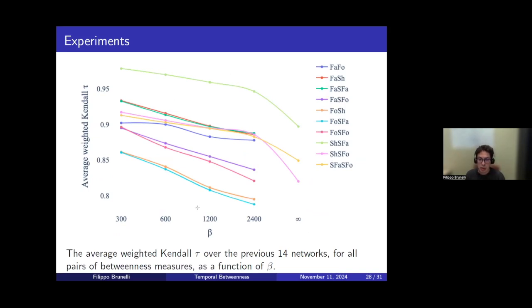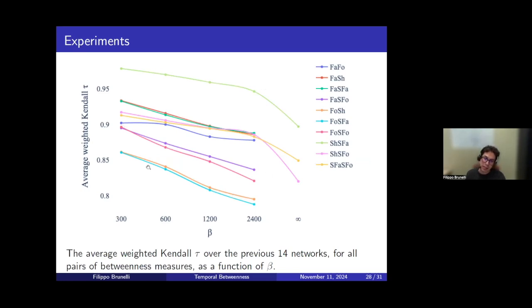And we are computing the Kendall tau, which means we are measuring how correlated two different measures are. For example, FA, FO means we are computing how correlated fastest and foremost are, fastest and shortest, fastest and shortest fastest, and so on.